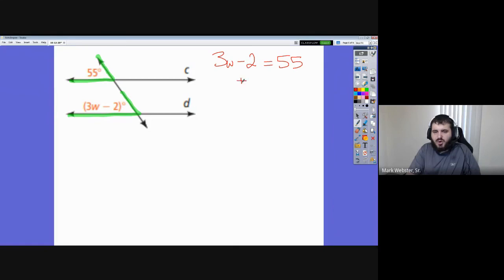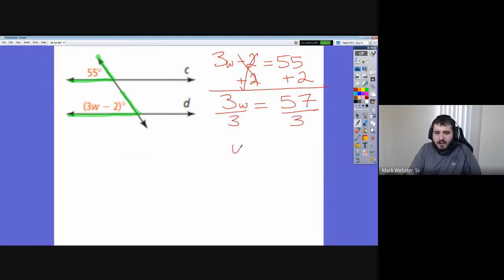It's minus 2, so I add 2 to both sides, because I have to cancel out the minus 2, right? 55 plus 2 is 57. And then I have to get W by itself, so now I take care of the multiplication or division. It's 3 times W, so I do the opposite and I divide. And I'm left with, just like you said, W is 19.